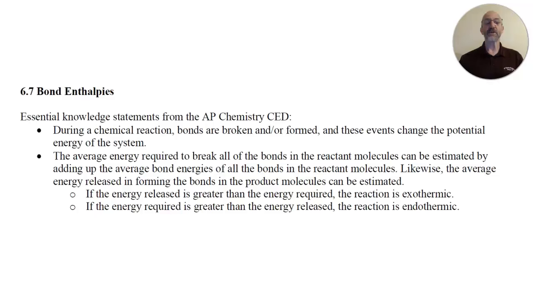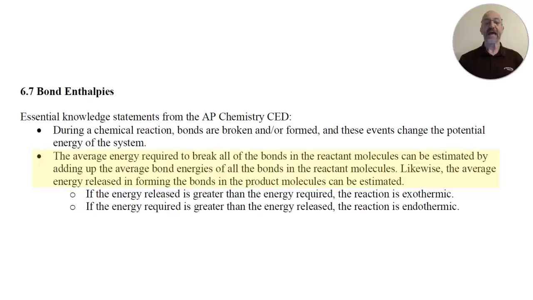Here are some essential knowledge statements from the AP Chemistry course and exam description. During a chemical reaction, bonds are broken and/or formed, and these events change the potential energy of the system. The average energy required to break all of the bonds in the reactant molecules can be estimated by adding up the average bond energies of all of the bonds in the reactant molecules.